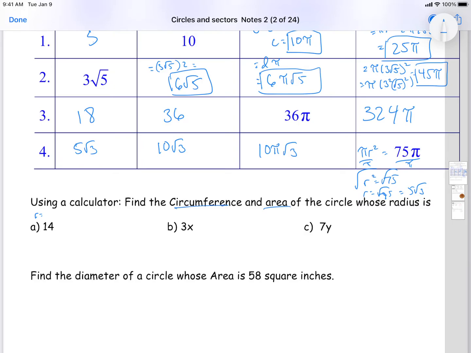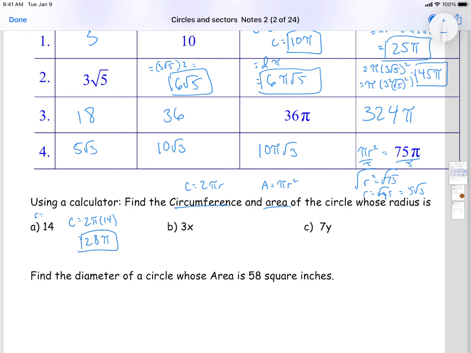So remember that circumference is equal to 2 pi r, since all we're given is the radius, and the area is equal to pi r squared. Okay? So for A, my circumference is going to be equal to 2 pi times 14, which is simply 28 pi.